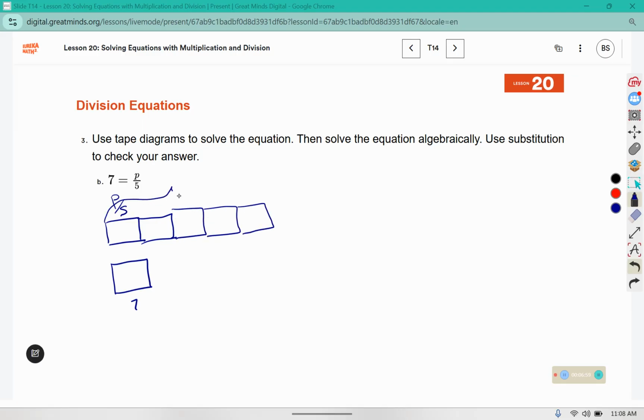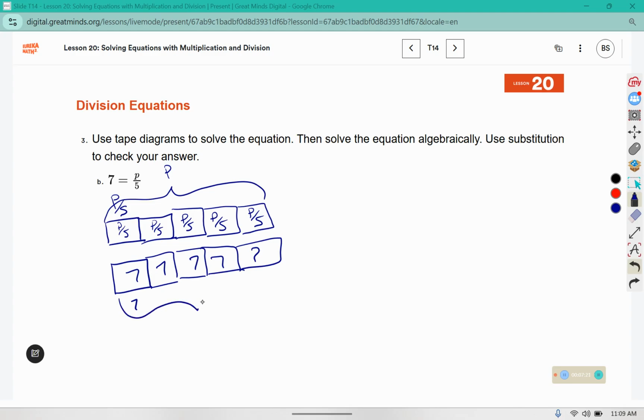So now all of this represents p. And all of these together, that would be 7, 14, 21, 28, 35.